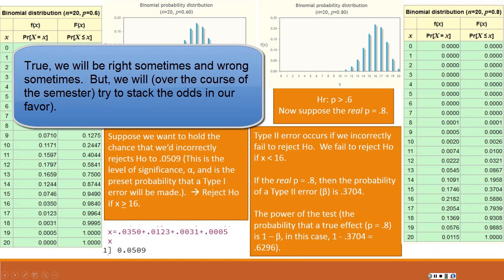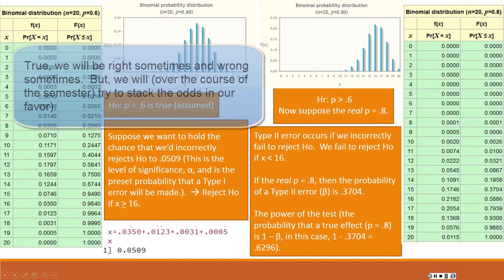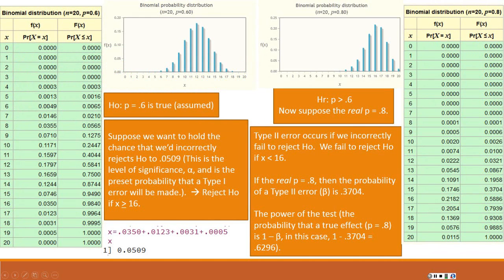Let's say I get 17. H0 could be true, and I'll get 17 or more some of the time. I'll add those up. Looks like there's a 0.0159 chance that I would get a value down here even if H0 is true. But I still have to make some choice.